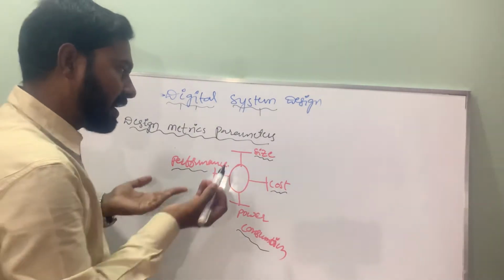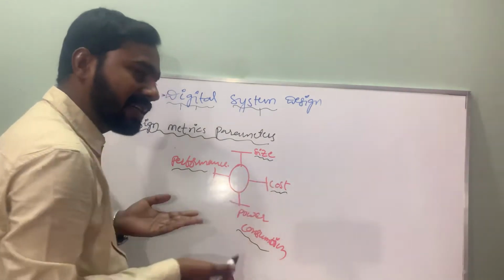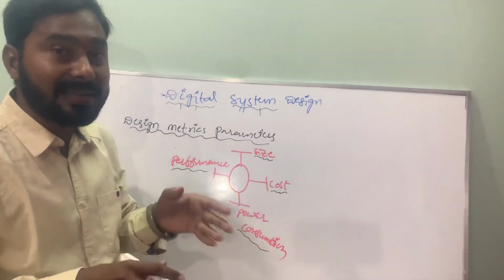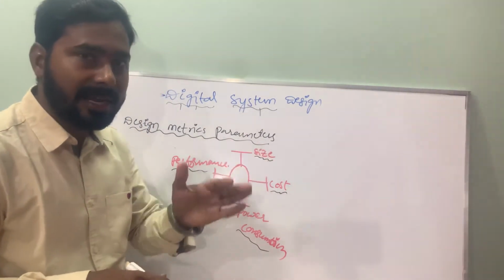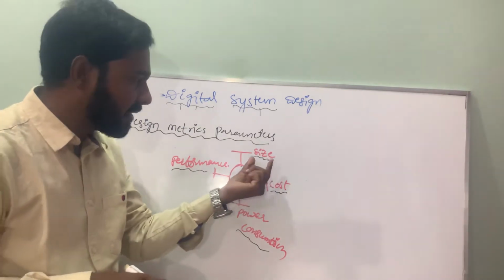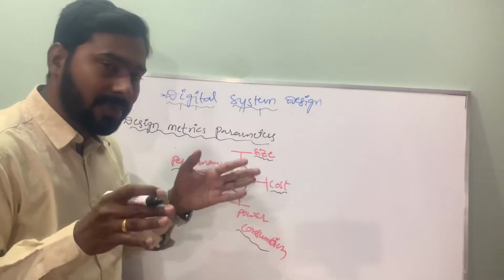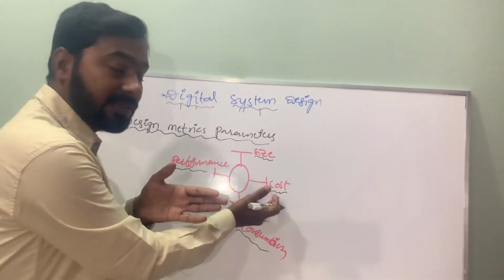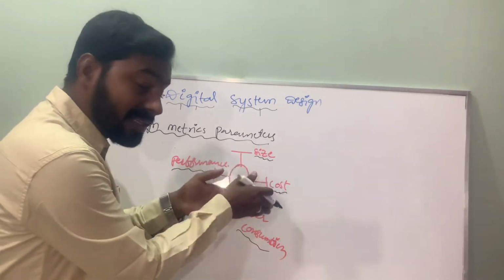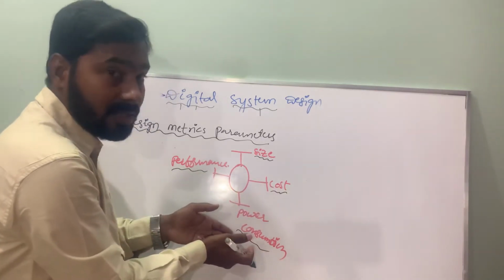If the number of devices is reduced, the size of the circuit is reduced. If the number of devices is reduced, the cost is also reduced, and the power consumption is also reduced.